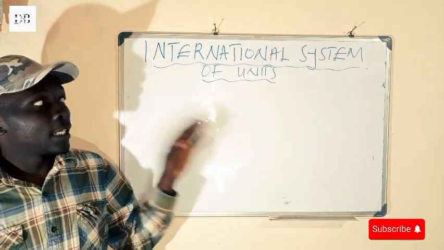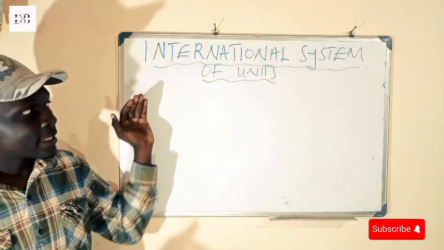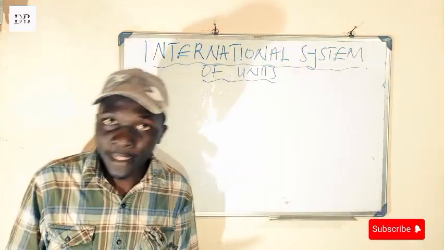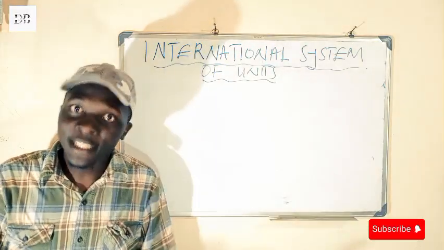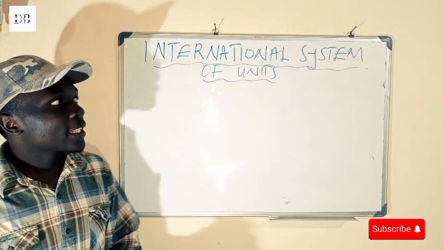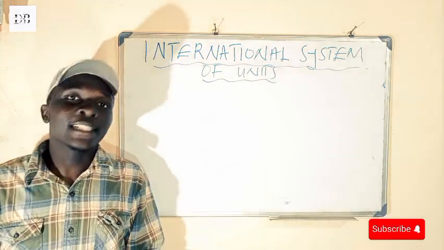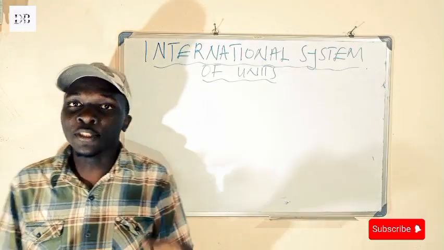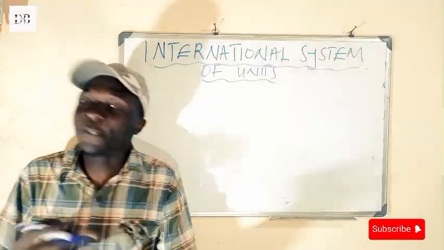A long time ago, before these units were discovered, they were there, but they were just not yet discovered. Something is always there, but it's just discovered. So you would find that people in different countries would use different units of measurement to find out their physical quantities.